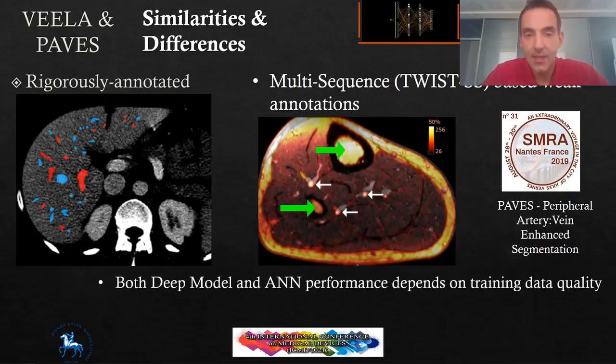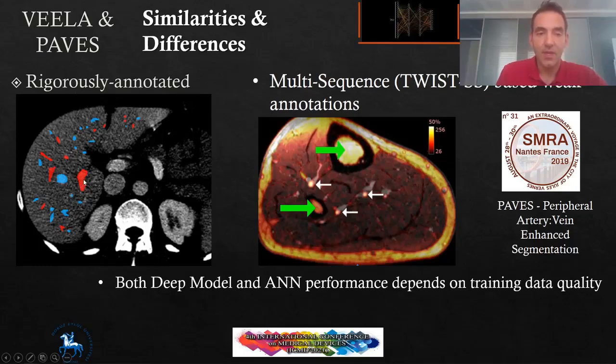And another issue about labeling is the weak annotations. Now, this is a relatively new concept. For example, on the left-hand side, what you are seeing is our VILA challenge annotations. This is a rigorously annotated data set.